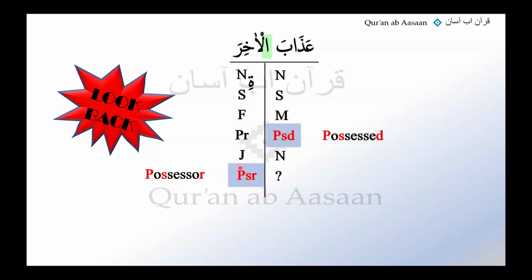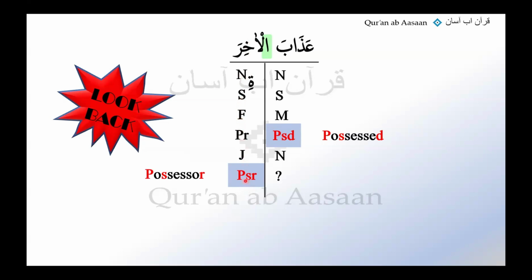We are going to say possessor. When I analyze, I'm going to say azaba, noun, singular, male, no al, no tanween, possessed, nasb, question mark, al akhirati, noun, singular, female, proper, jar, possessor. That's how we're going to do it.